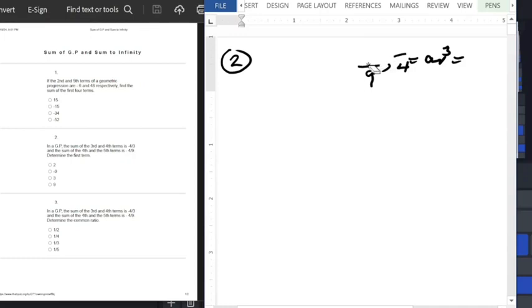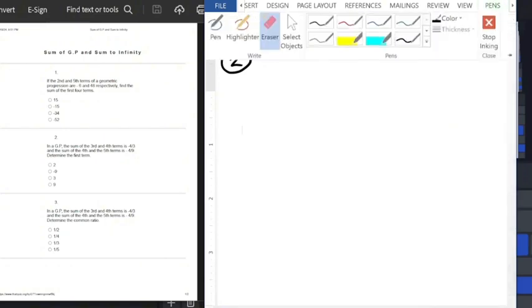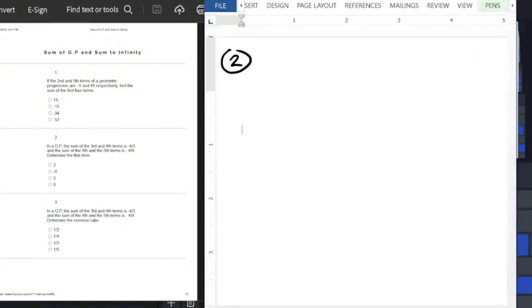So number 2, the sum of the third term and fourth term. So the third term is AR squared plus the fourth term AR raised to power 3 equals -4 over 3. That is the sum of the third and the fourth term, which is equation 1.